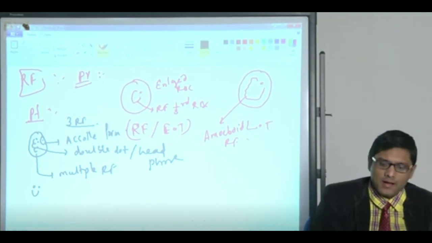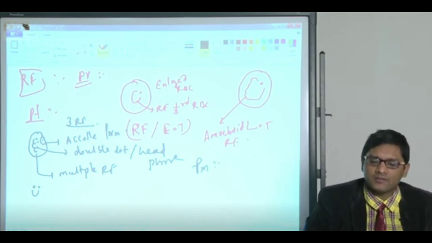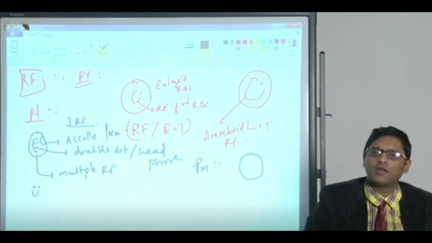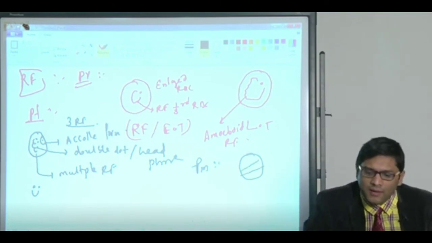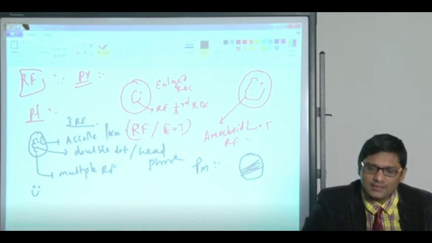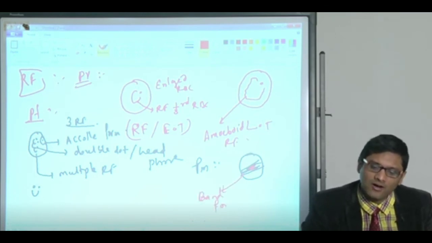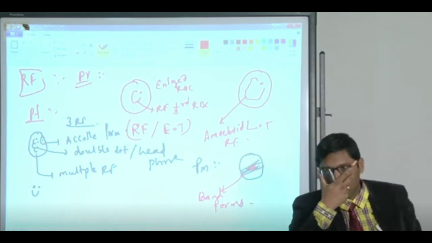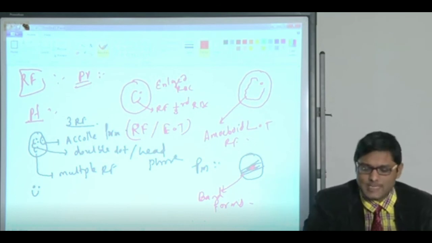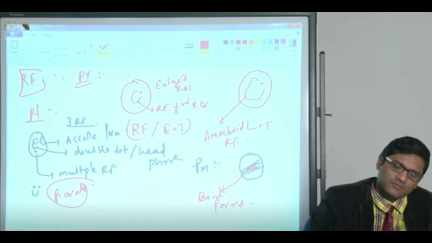Coming to Plasmodium malariae. The RBC is normal, not enlarged, a normal round RBC, and the ring form is not actually a ring, it is band shaped. Band forms or band shaped forms are seen instead of a ring. Ovale: what is the shape of the RBC?